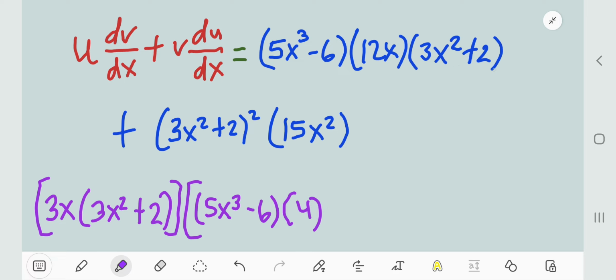And 3x squared plus 2 divided by 3x squared plus 2 will cancel out. And then in the second term, 3x squared plus 2 all squared divided by 3x squared plus 2 will yield 3x squared plus 2. And then 15x squared divided by 3x is going to be 5x.